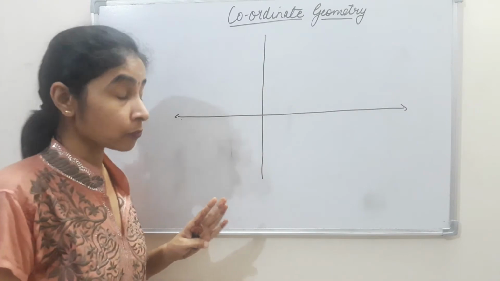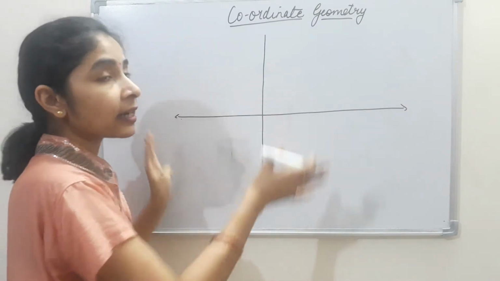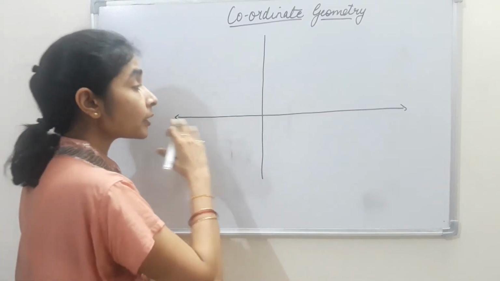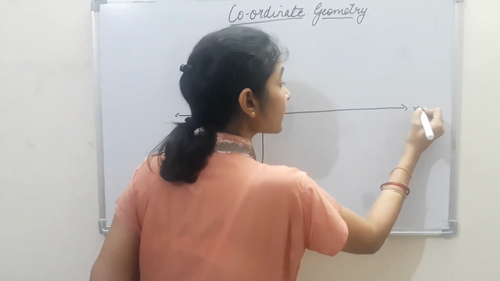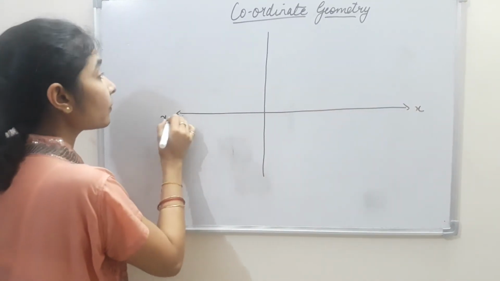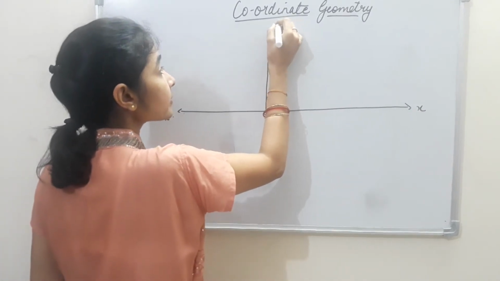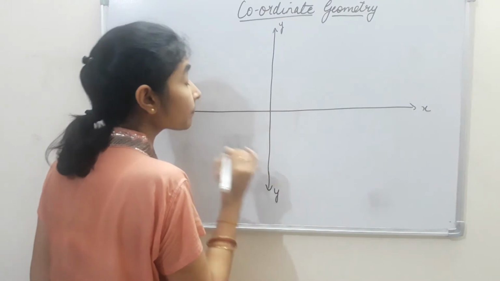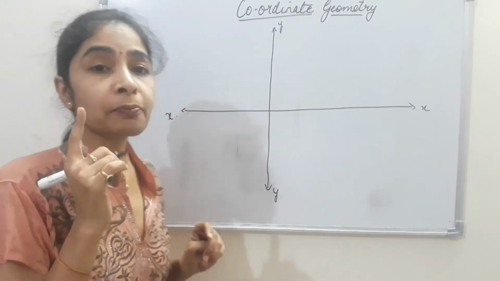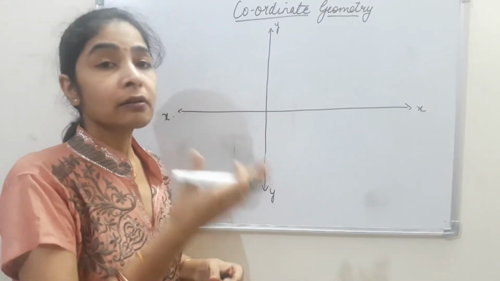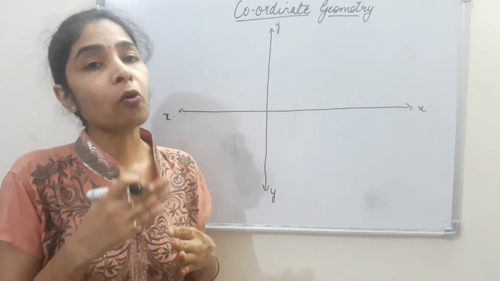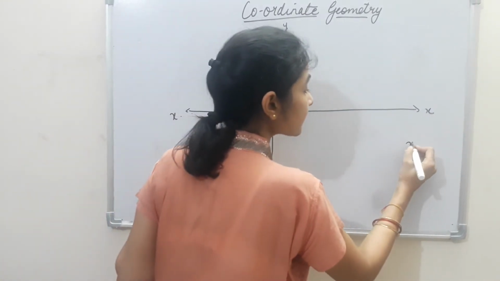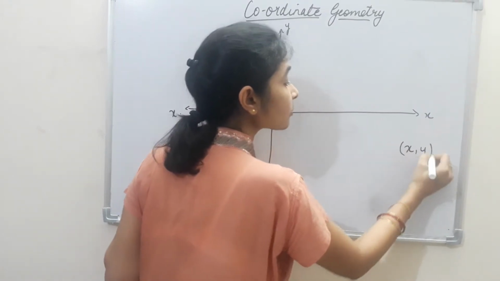So here the Cartesian plane is divided with the help of a horizontal line that we call the x-axis, and a vertical line that we call the y-axis. The position of the point that we are supposed to locate is represented in the form of an ordered pair, written as x comma y.